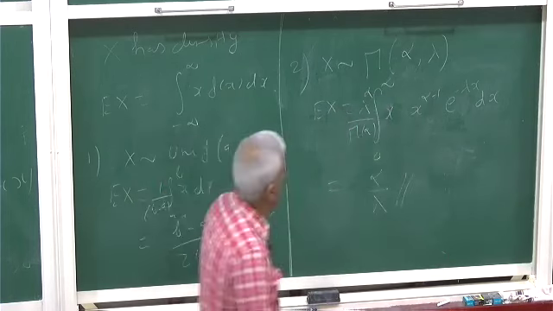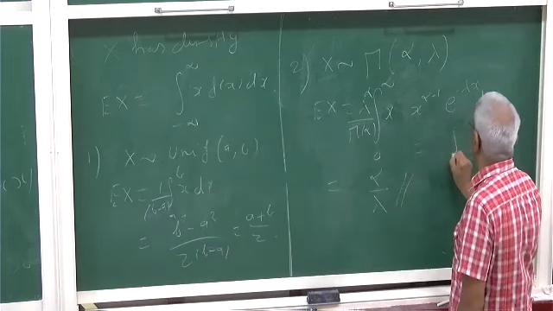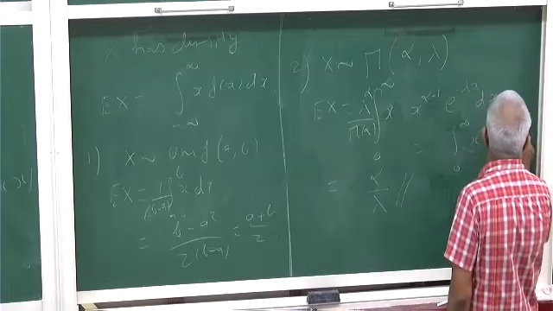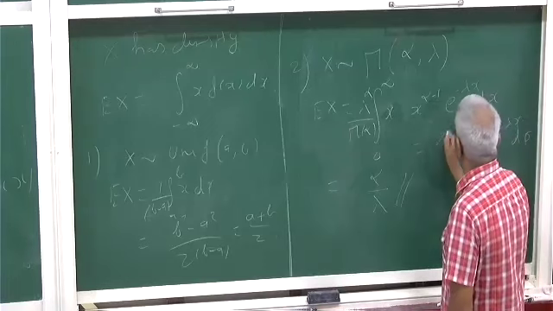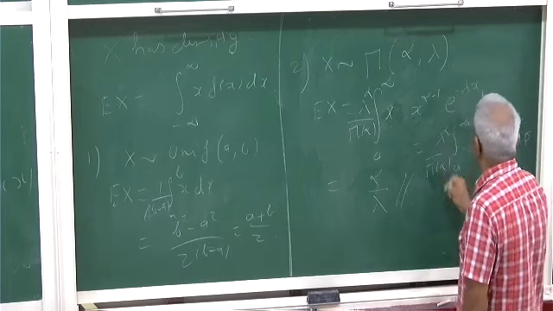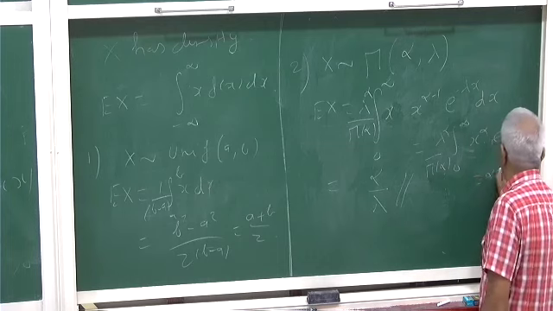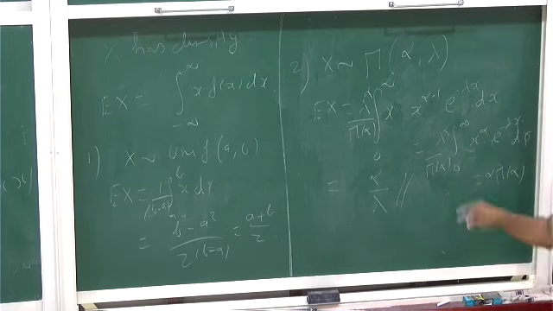Is that clear? This is equal to the integral from 0 to infinity of x power alpha e power minus lambda x dx, times lambda power alpha by gamma of alpha. If you integrate it, this is just gamma of alpha plus 1, which is alpha into gamma of alpha, and gamma of alpha will cancel.